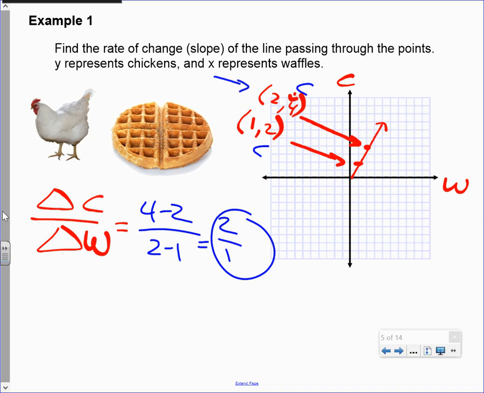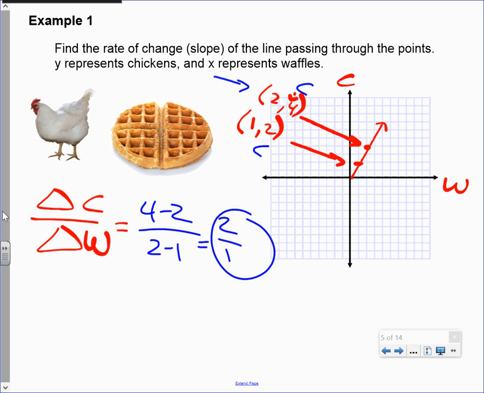In other words, if you're driving and you see the speedometer, you don't say, I'm driving 50 miles for every hour. Do you say it like that? How fast are you driving? I was driving 50 miles for every hour. Is that how you say it? How do you say it? So now use that for here. What does that rate mean? There it is. 2 chickens per waffle.